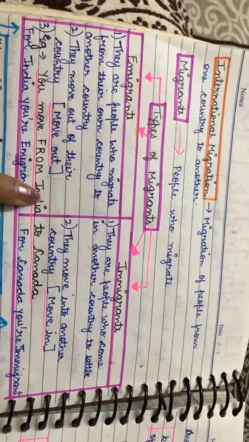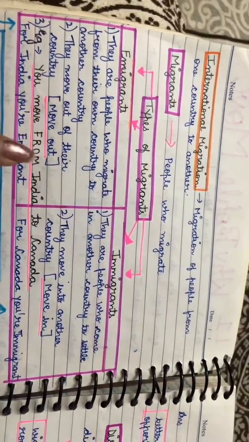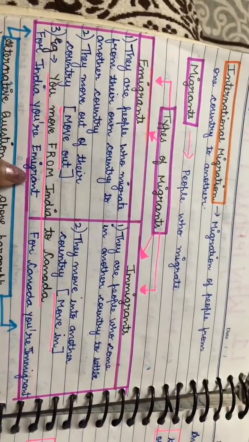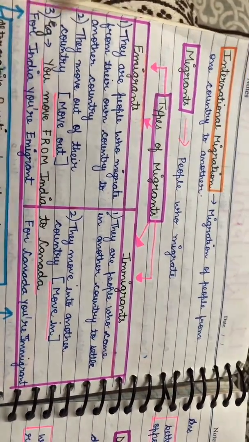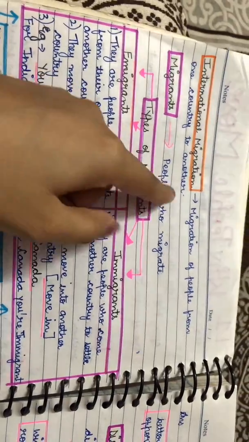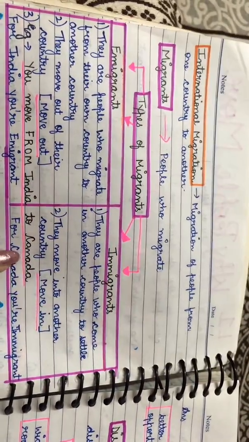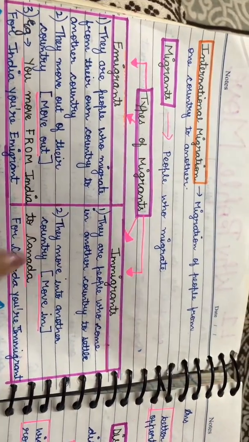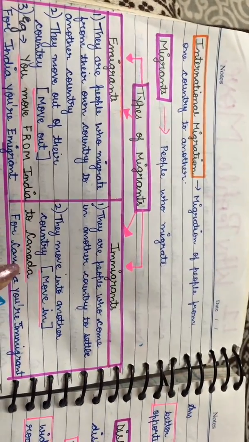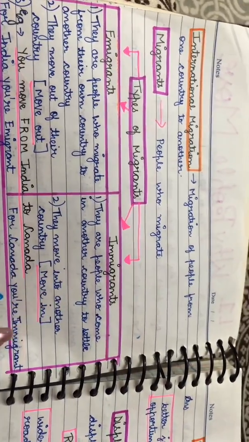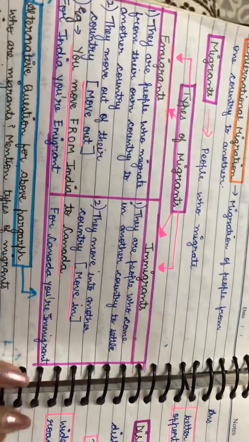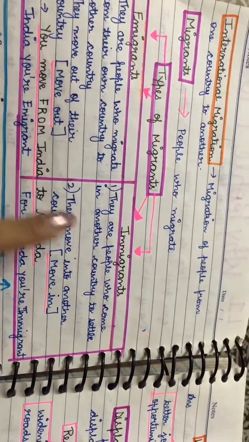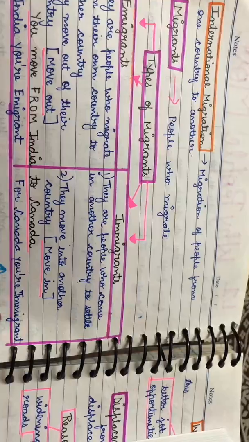You are a citizen of India and you are leaving your own country and you are moving out, so you become emigrant to India. And by moving out from here, which country have you moved into? Canada. And you are not a citizen of Canada right now. So because you moved into Canada, you become immigrant. As simple as that. When you move out of your own country, emigrant. You move into another country, immigrant.